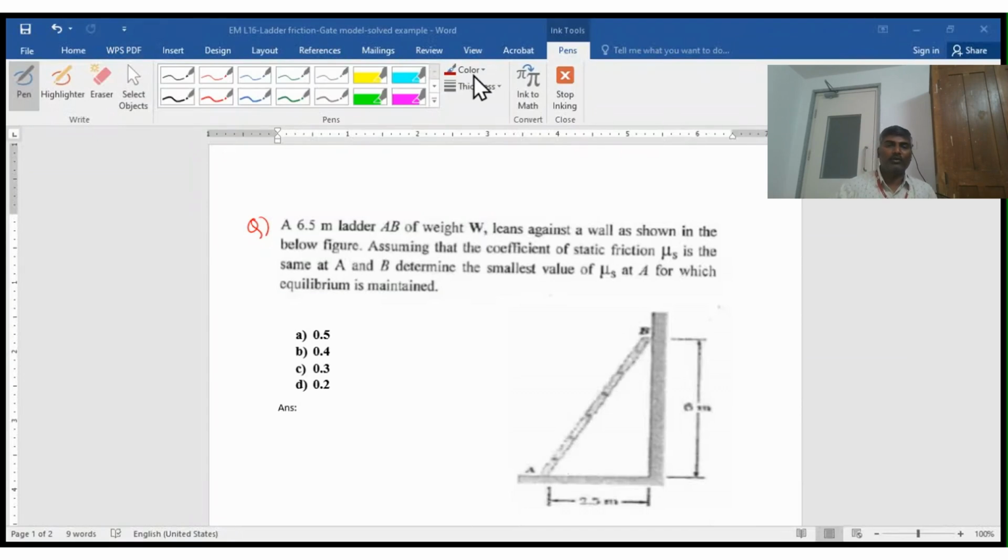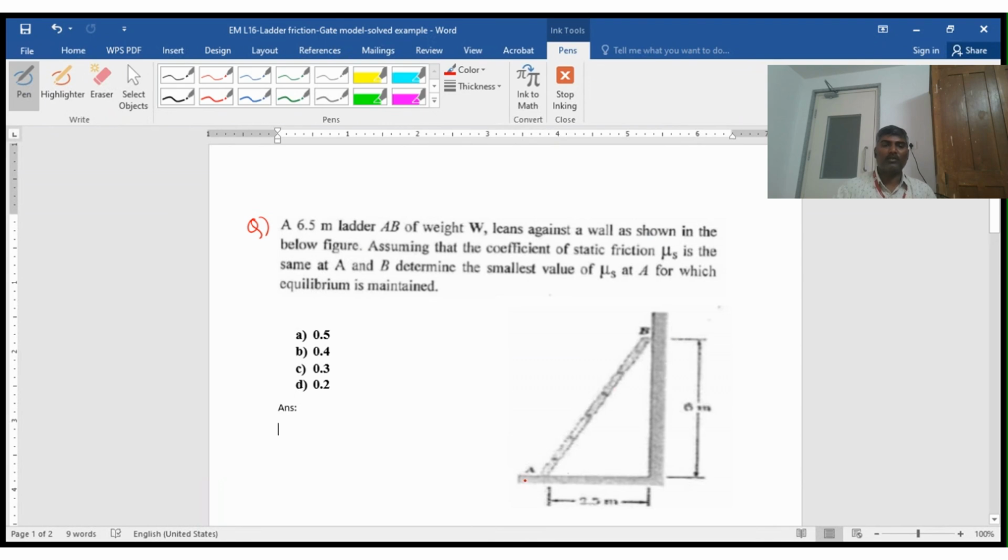Today we'll solve an interesting question. It's also going to be a model question. Here is the question: a 6.5-meter ladder AB of weight W leans against a wall as shown in the figure.